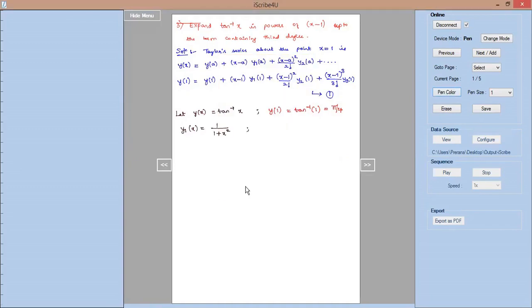So we find y1 of 1. So 1 divided by 1 plus 1 square. Wherever x is there, substitute the point a value which is equal to 1. So 1 divided by 1 plus 1 square gives us 1 by 2.